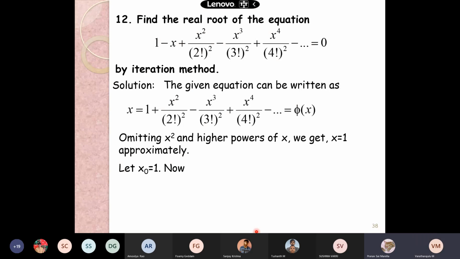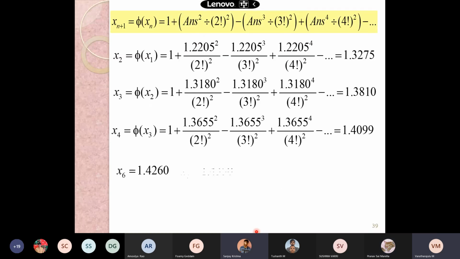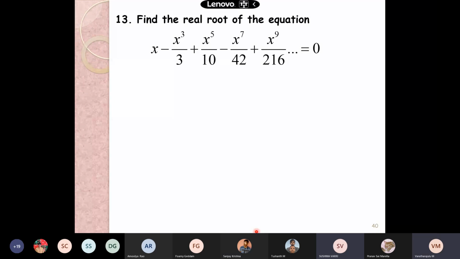I tried, sir, I got 0 only. I also got 0. What should be the initial approximation, sir? I took 1, sir, then I got 0 as the final answer.